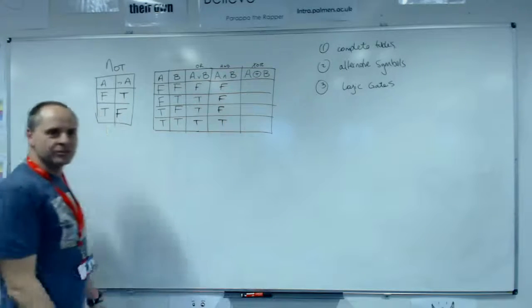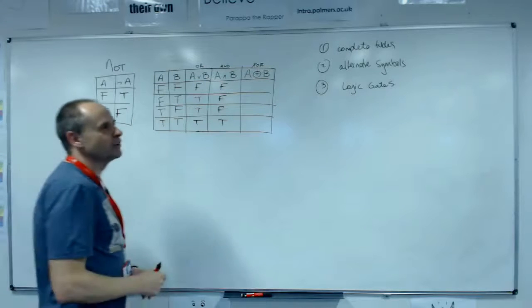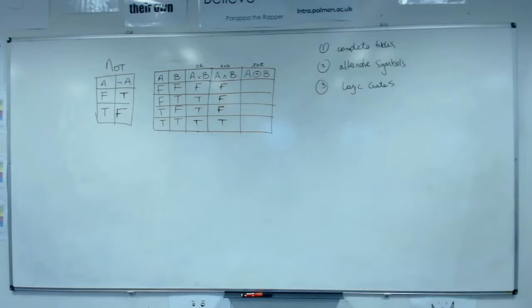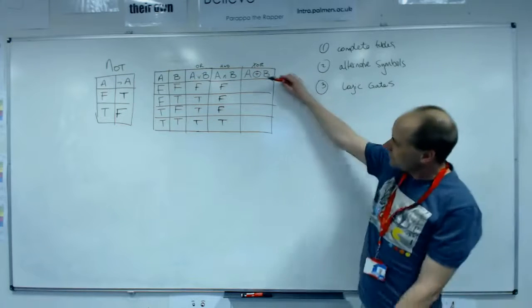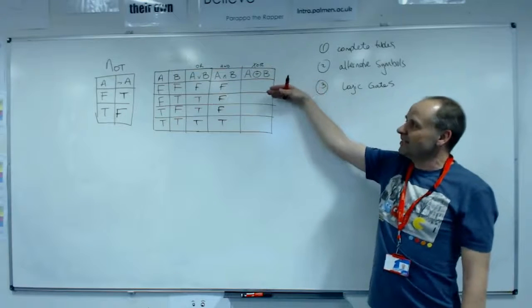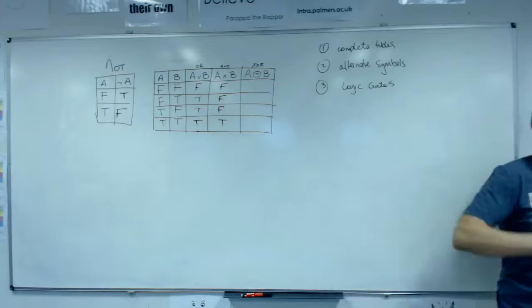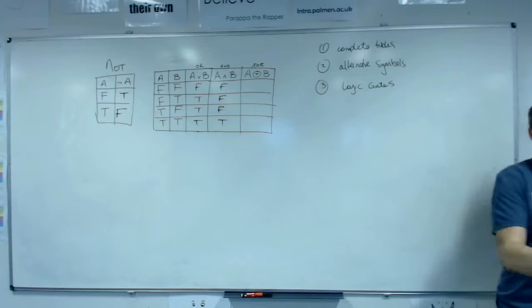The exclusive OR. If you do any statistics, you might have come across something called mutually exclusive, when you're doing probabilities and combinations and a bit of stats. But all it means is that we get an output of true only when the inputs are different.